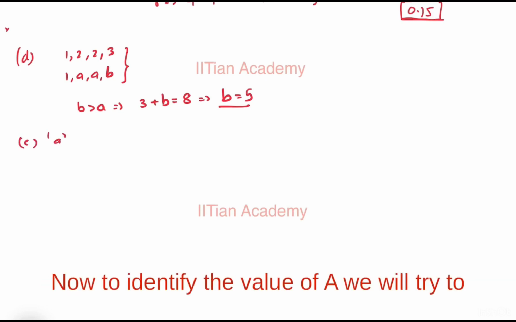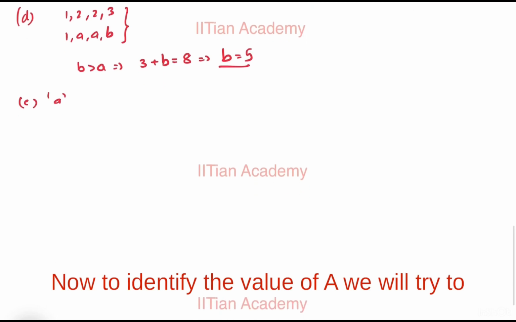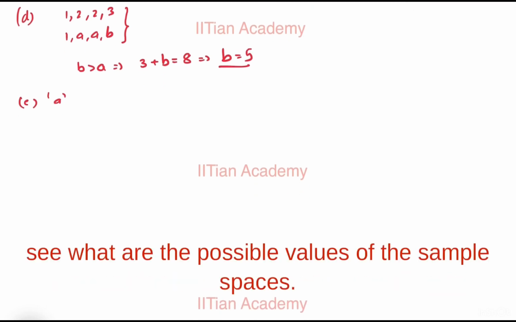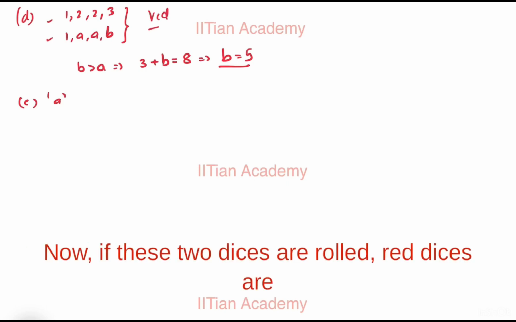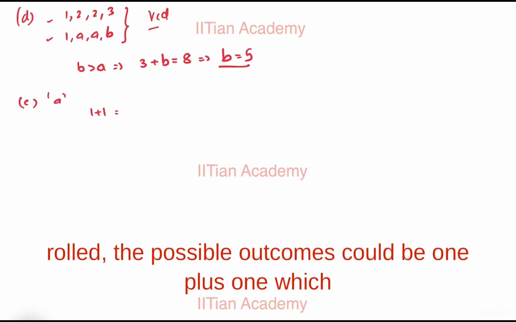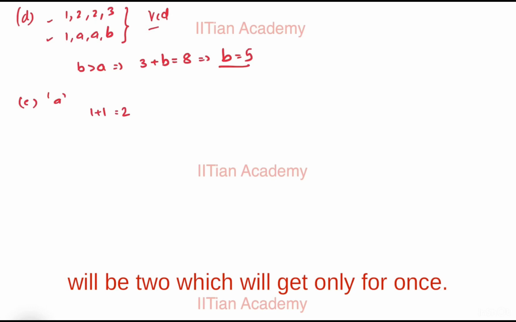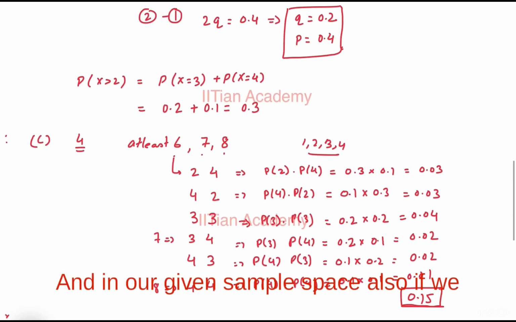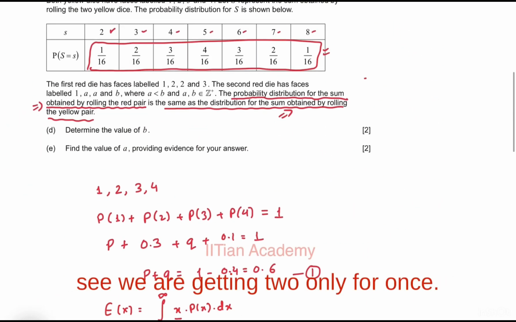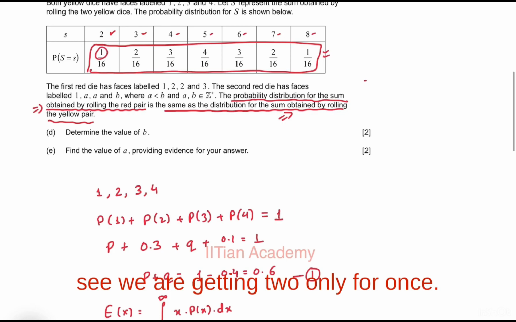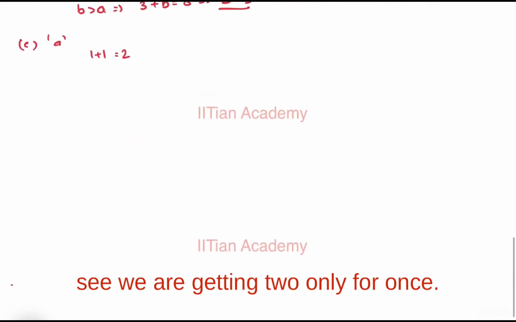Now to identify the value of A, we will try to see what the possible values of the sample space are. Now if the red dice are rolled, the possible outcomes could be 1 plus 1, which will be 2, which we get only for once, and in our given sample space also, if we see, we are getting 2 only once.